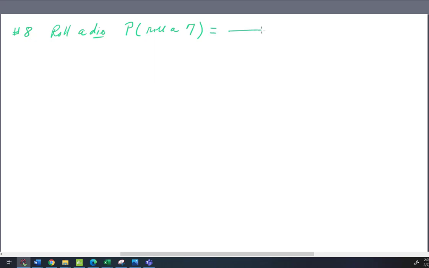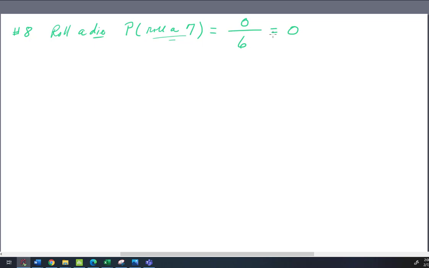The question is, what's the probability that we roll a 7? I said 6 at first, but that was wrong. The probability is equal to the number of favorable outcomes over the number of possible outcomes. When I roll a die, I could get the 1, the 2, the 3, and so forth. There are 6 possible outcomes, but exactly 0 of them correspond to rolling a 7. The most I could get would be a 6. So 0 over 6, or just 0, would be the probability that I roll a 7.